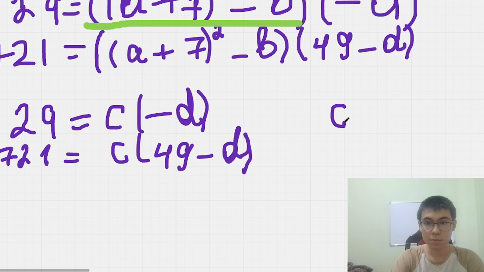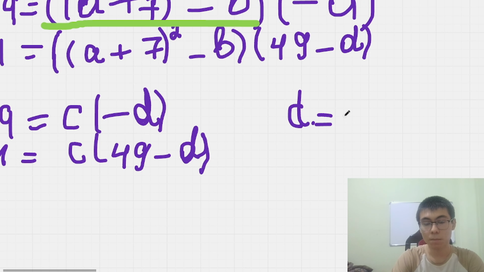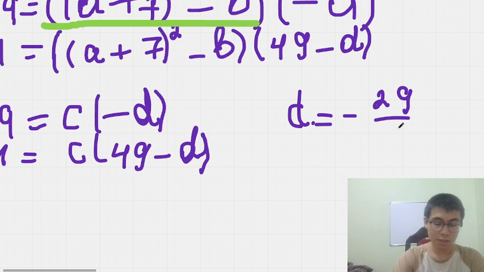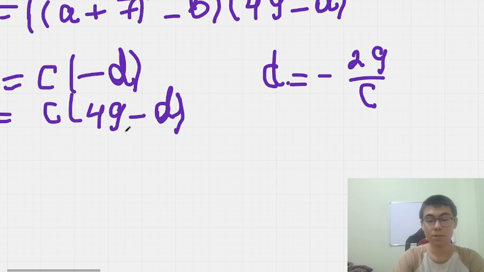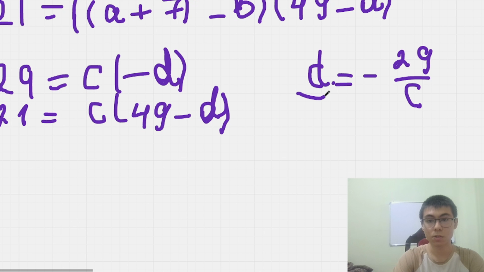So now what we can do is find C from this part. I guess finding D is much better here. So D equals minus 29 divided by C. After that, we can put minus 29 divided by C instead of D here.